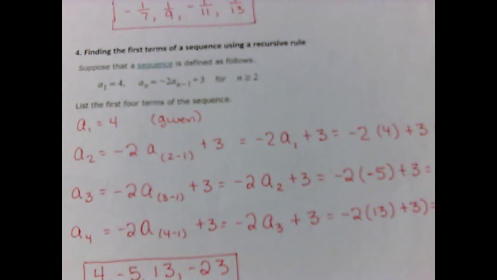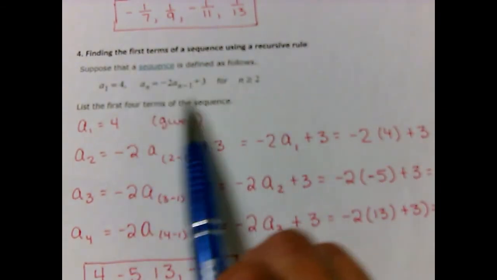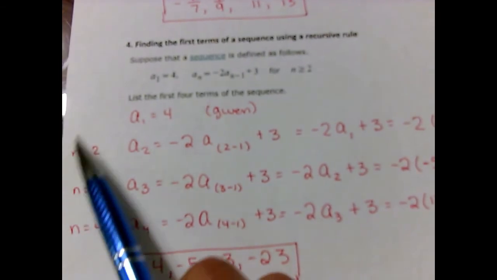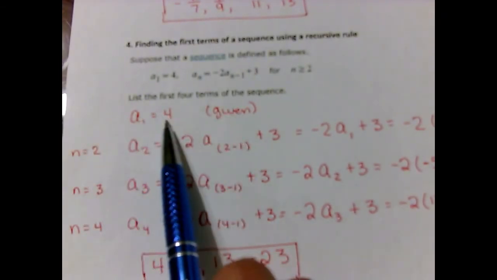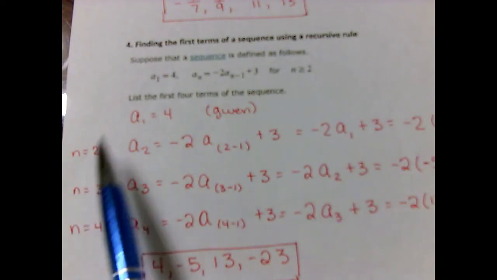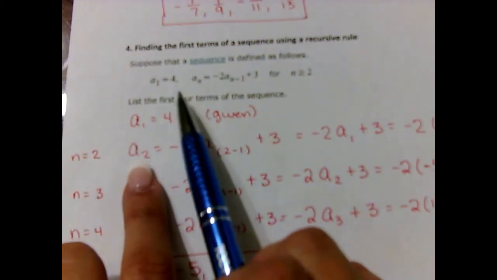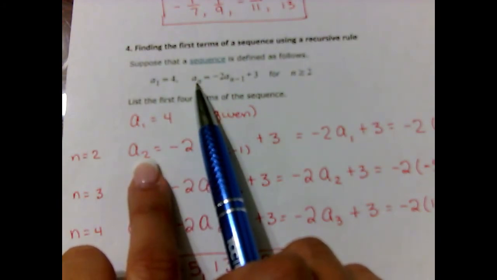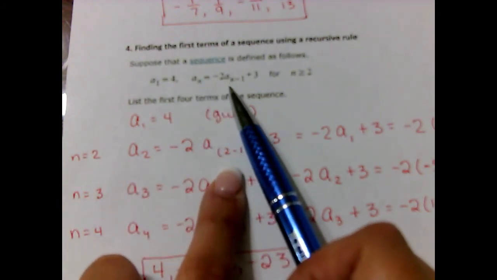Number 4, again, we're finding the first 4 terms of the sequence. We're going to let n is equal to 1. That's already given, which is 4. Then I'm going to say n is equal to 2, and I'm going to substitute a 2 wherever the n is. So n is here, there's my 2. N is here, there's my 2.